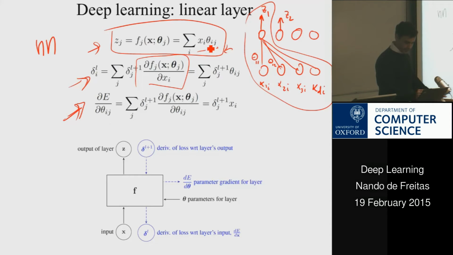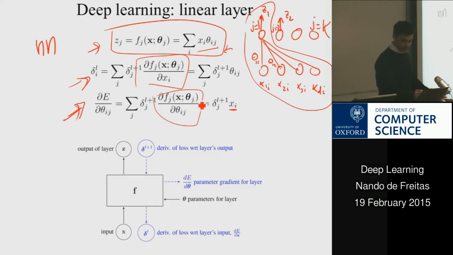Likewise, if you take the derivative with respect to theta ij, you just get xi. Note that here the sum over j, the sum over the output units, goes from j equal 1, 2, all the way up to capital K.